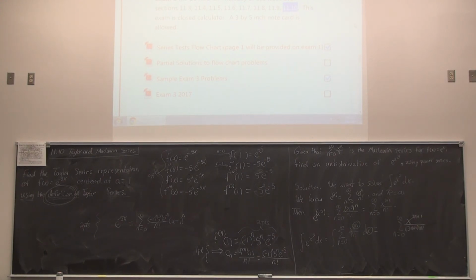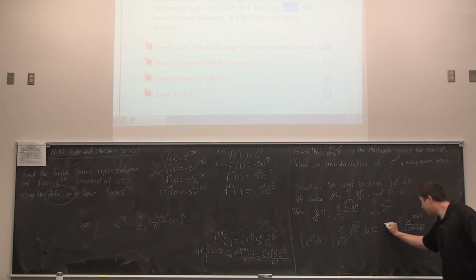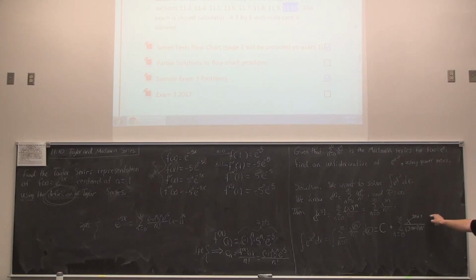There's still something missing. Anyone see what the missing portion is? Plus c. Yeah, so we still need our constant of integration. I'll put it to the left because I don't want it to feel like the c is tied into the series itself. It's that constant plus that entire power series.